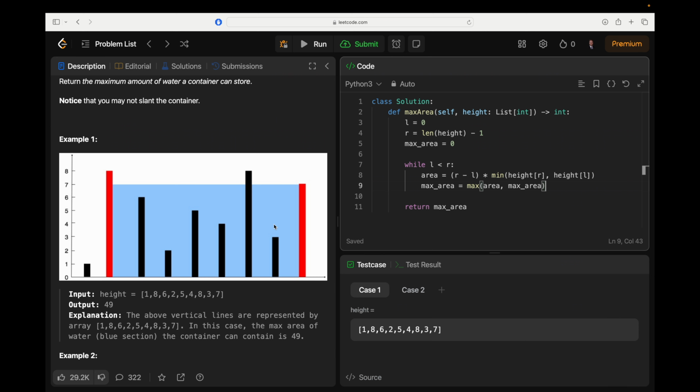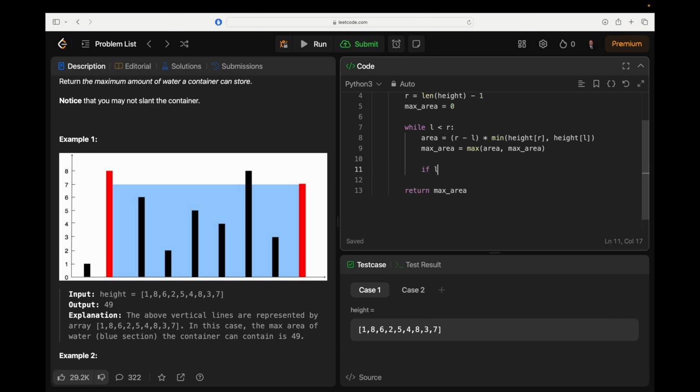It doesn't matter because it's the lower one. Yeah, that's it. Okay, that's definitely it. It doesn't matter how big the other ones are. This is still how high it can be, which means that once we've checked that, since this is the greatest distance we could have, there's no possible greater area that includes this one. So we can just move that one in and ignore that. There it is. Fine. Figured it out. Let's implement it.